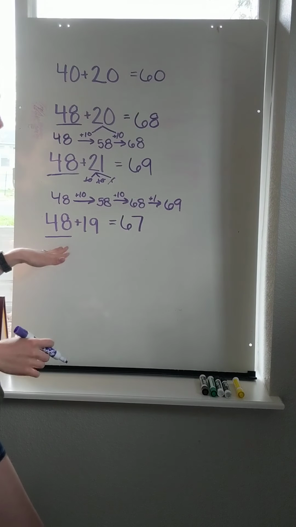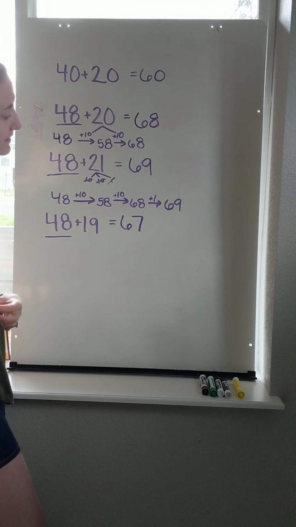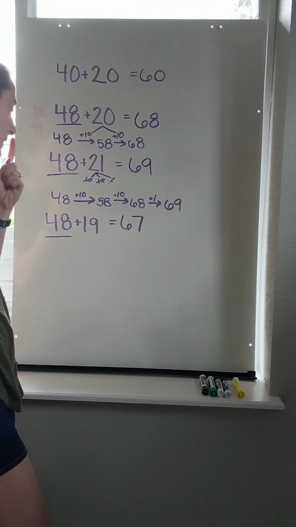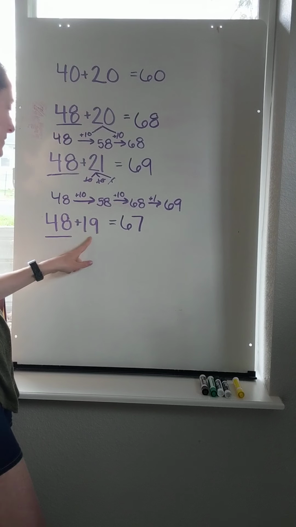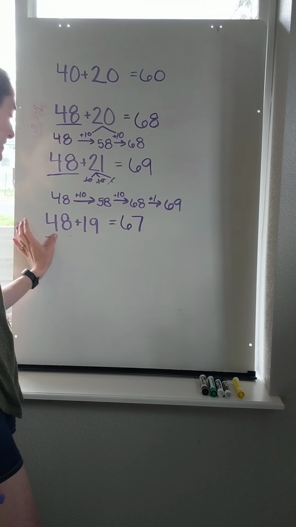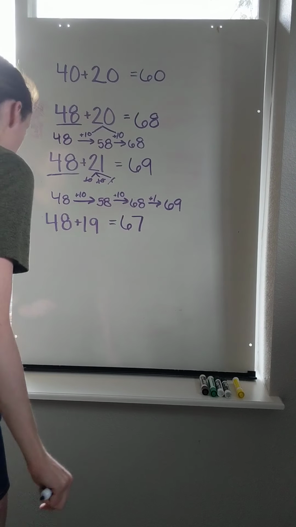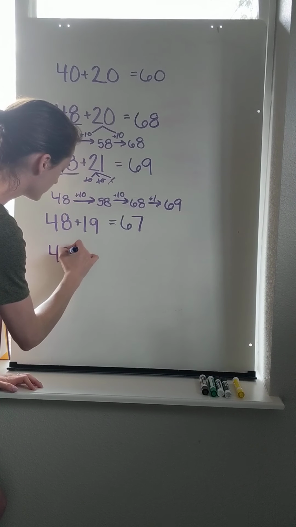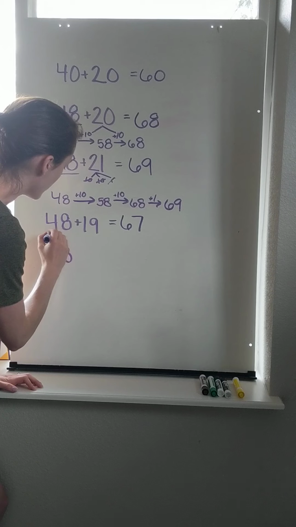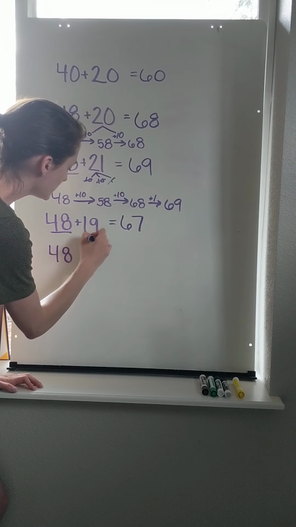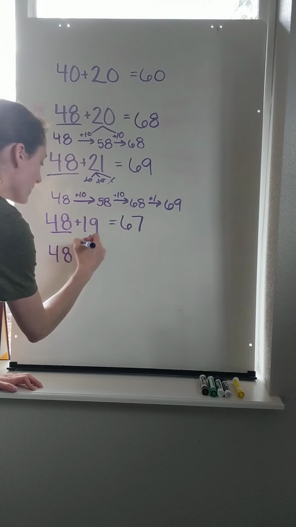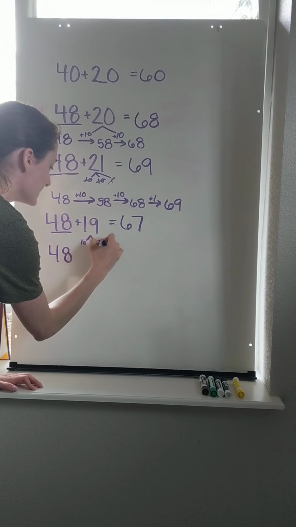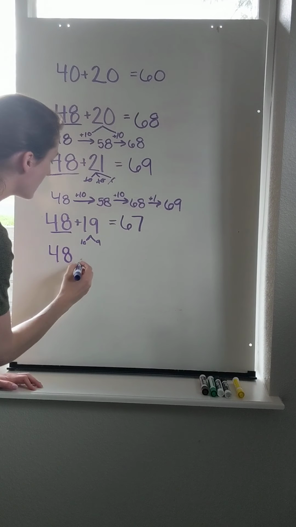Okay, I can also come down here and think, okay, there's a better strategy for this bottom one. So what we can think about is we're going to take the number 48, we got that already, and now we're going to pull this number apart to add it. I know it is worth 10 and 9. It's easier though for me to count by tens.